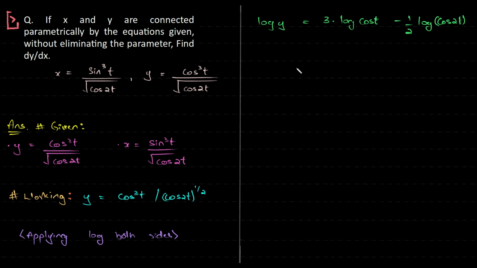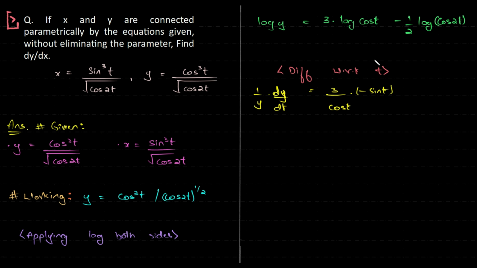Now we will differentiate both the sides with respect to t. So we have 1 by y dy by dt is equal to 3 by, differentiation of log of anything is 1 by that particular expression, minus sine of t.